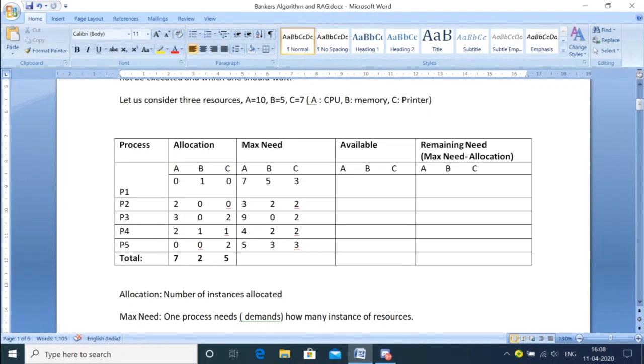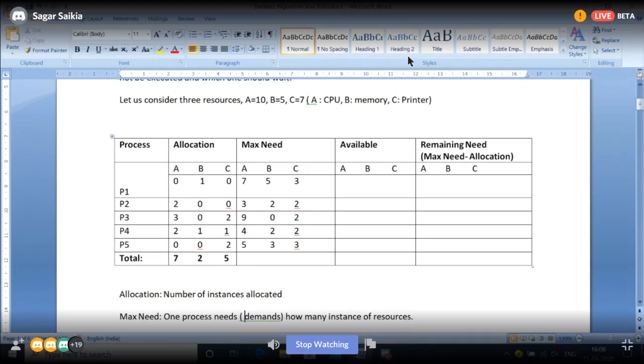Only one instance of B has been allocated to P1. That means out of 5, one has been allocated to P1. Then again 0. So what will this indicate? It will indicate zero instances of C. Zero instances of C means there is no instance, so no instance of C has been allocated to P1. Similarly, these things will be given to us.